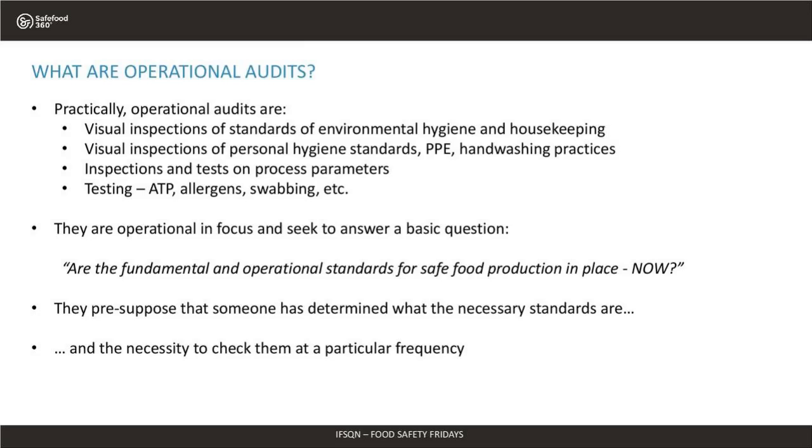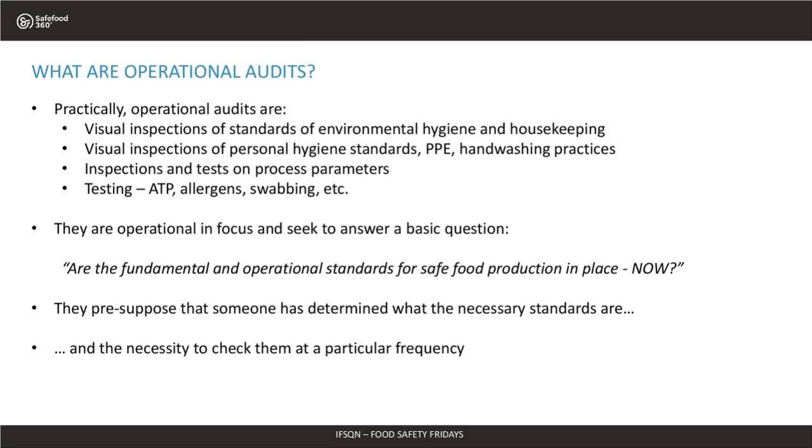You may be doing ATP swabs, you may be checking for allergens and that type of stuff. You could be checking chemical concentrations, temperatures of water baths for sanitizing knives. It doesn't really matter, it depends. But they typically have an operational focus.